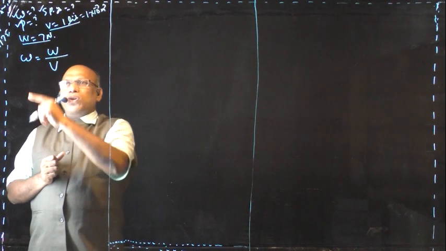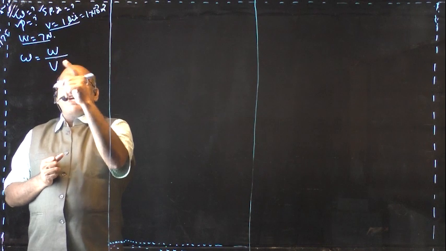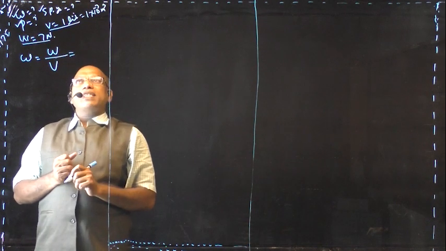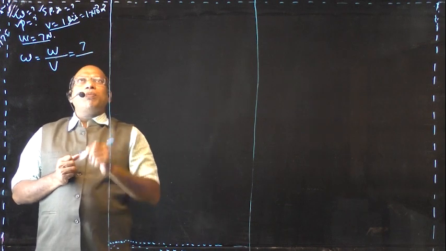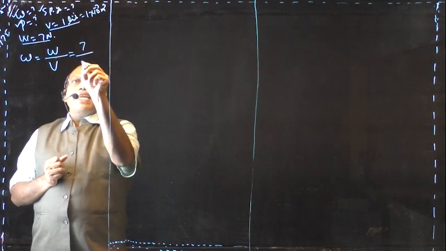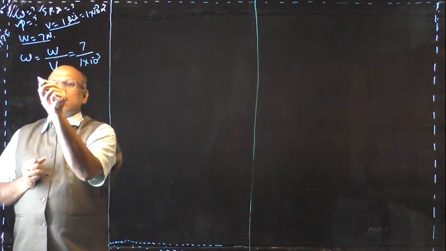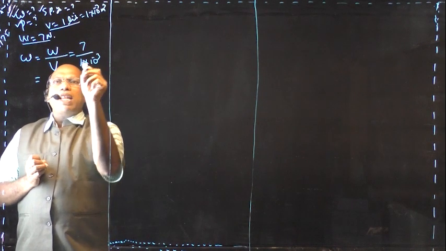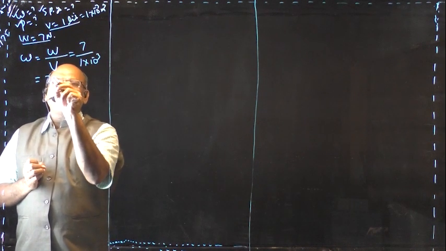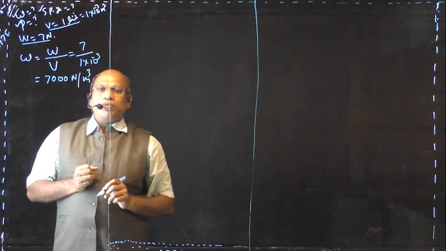Therefore, specific weight, small w, is equal to weight divided by volume. Weight is equal to 7 newtons divided by volume, 1 into 10 power minus 3. Therefore, specific weight is equal to 7000 Newton per meter cube.